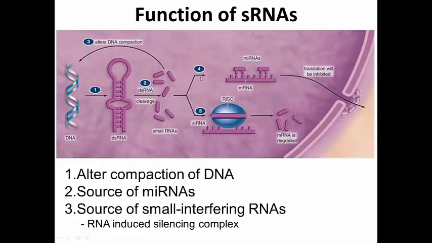One possibility is they become microRNAs, miRNAs. MicroRNAs bind in a complementary fashion to messenger RNA that has been created from genes that code for proteins, and it silences that messenger RNA.